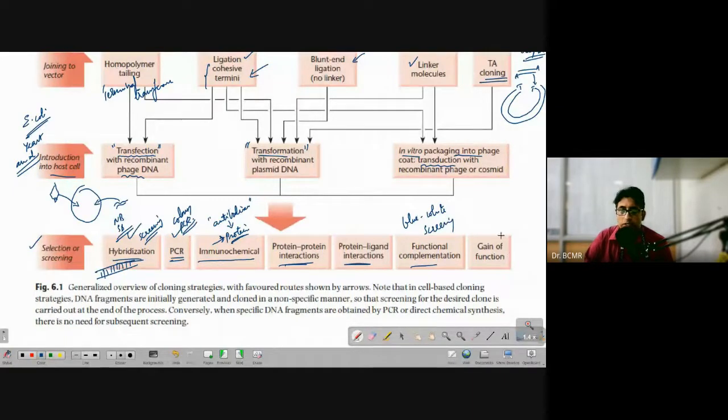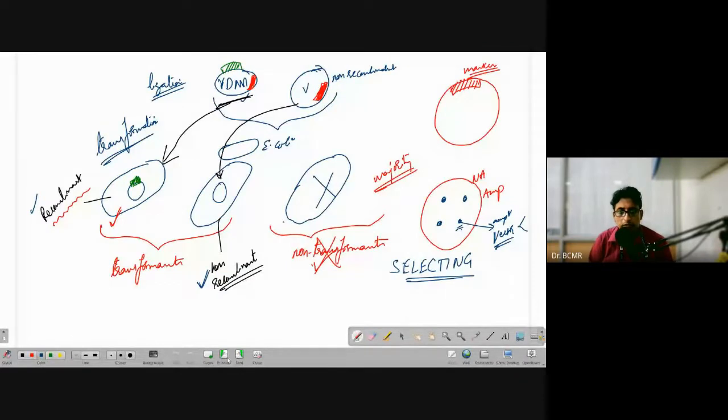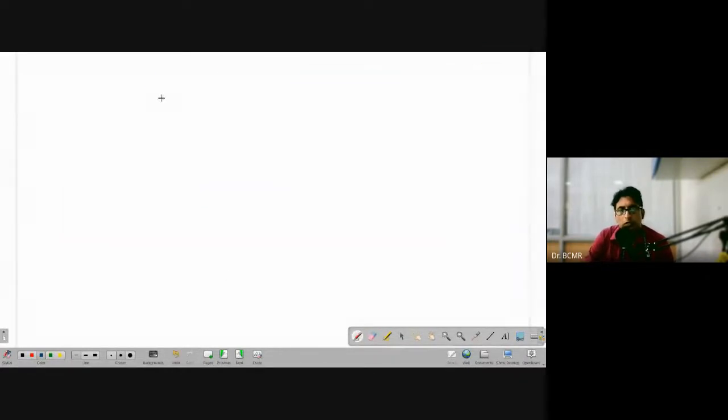And gain of function is also, simply to put it, something like this. If you remember some of the examples like marker genes, we discussed TRP minus, I think, right? That means a cell is there. You have taken, for example, yeast, and this one is TRP minus.